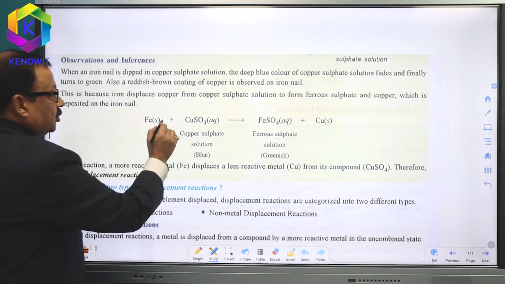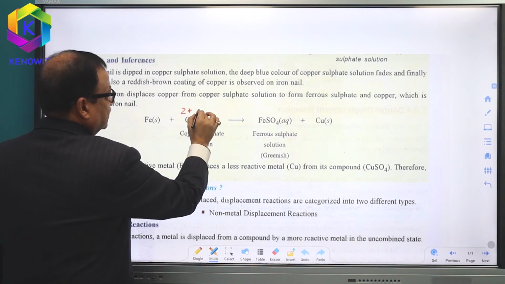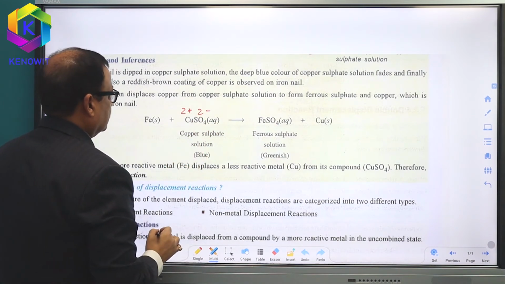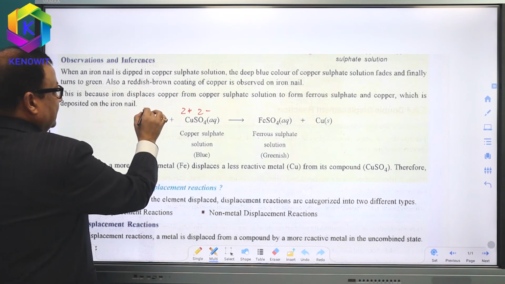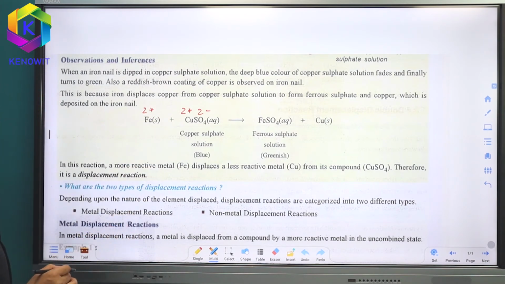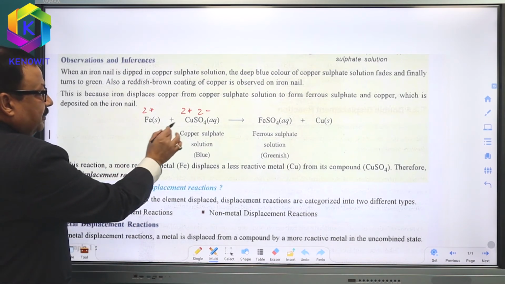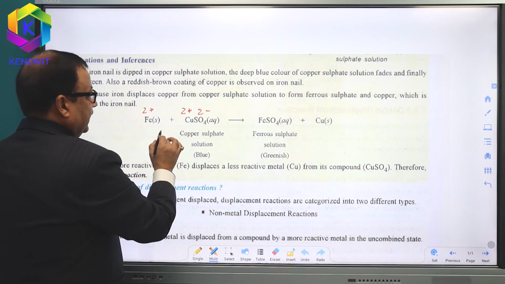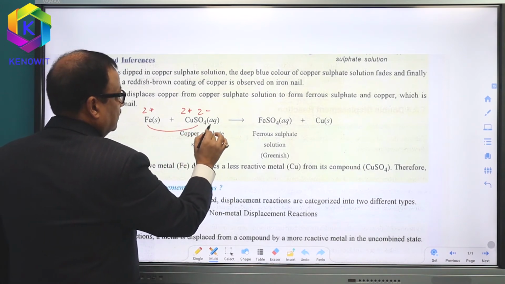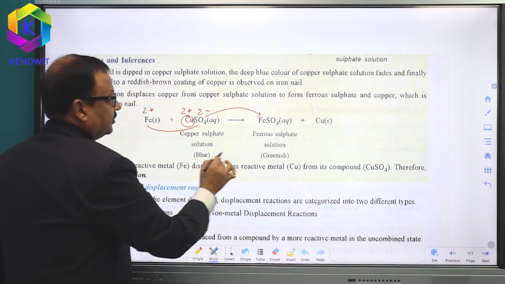Copper's valency is plus 2 and sulfate is 2 minus. So in this reaction this iron is 2 plus. So iron is more reactive than copper. So iron replaces copper, so ferrous sulfate is formed and this copper is replaced.